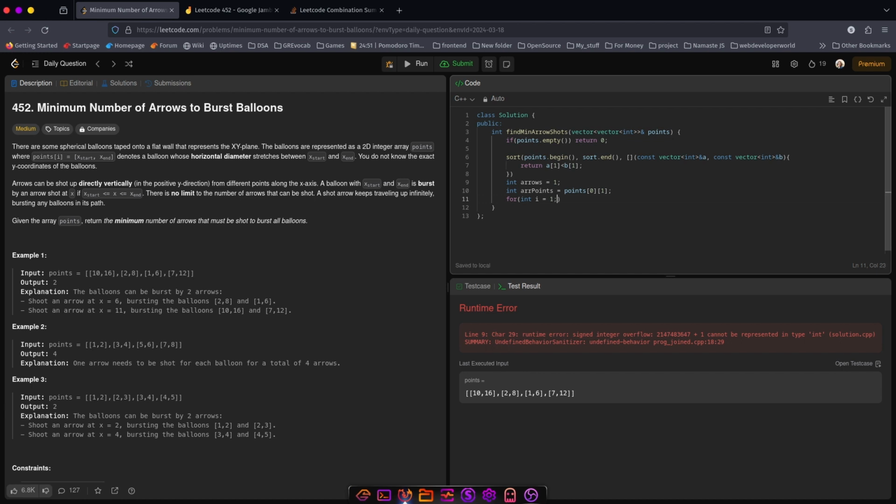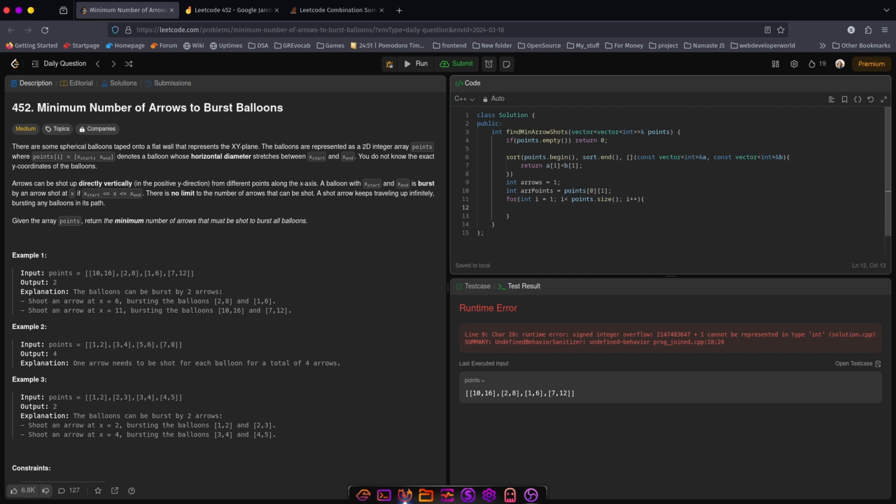Then I will iterate through my points, with i equal to 1 and i less than the length of points. I will compare whether the current balloon starts after the last arrow position.